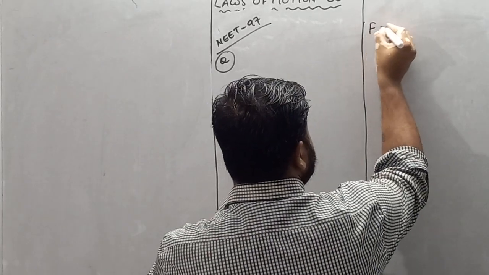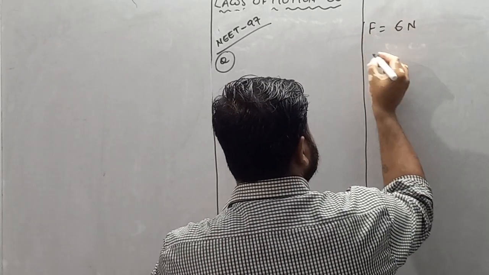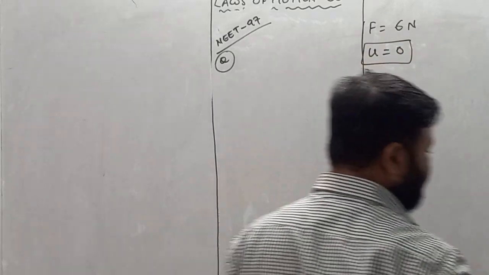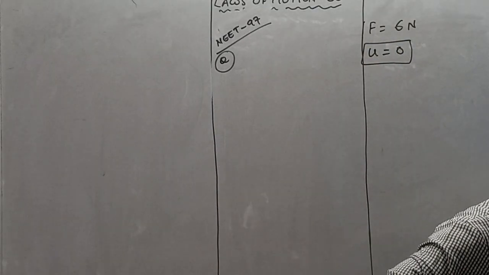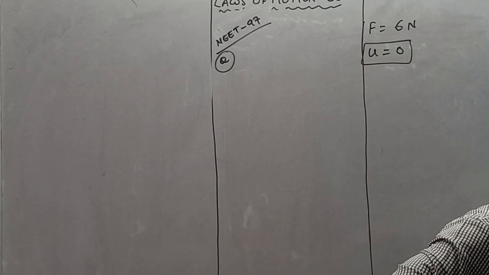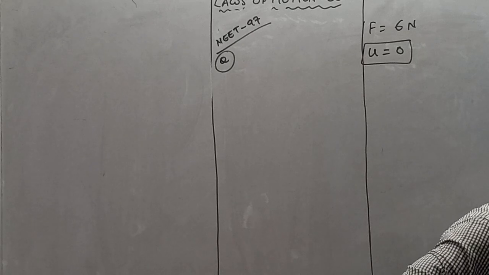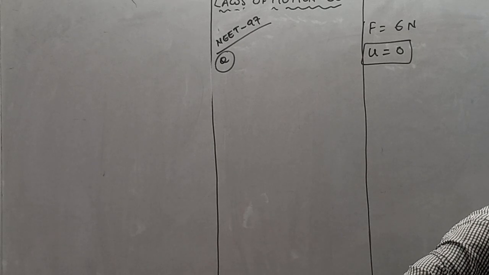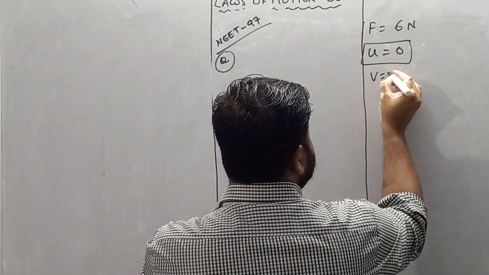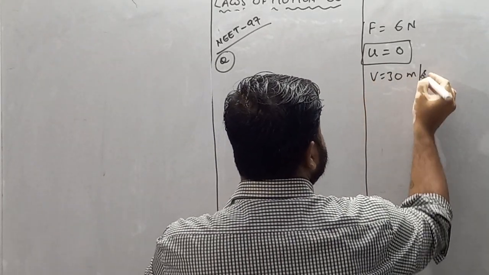So they are saying that a 6 Newton force is acting on a body which is at rest. So initial velocity must be equal to 0. During this time, the body attains a velocity of 30 meter per second.